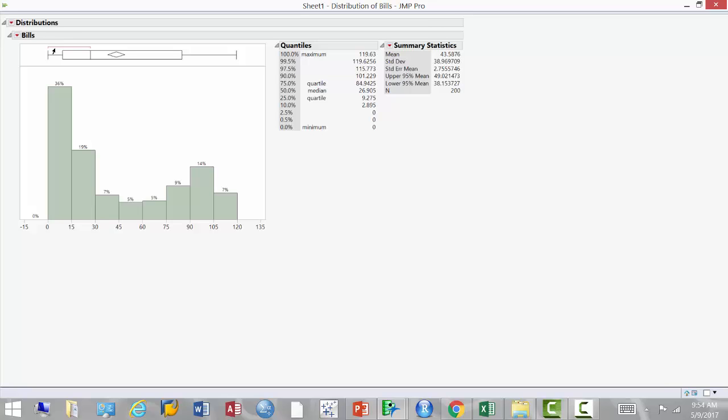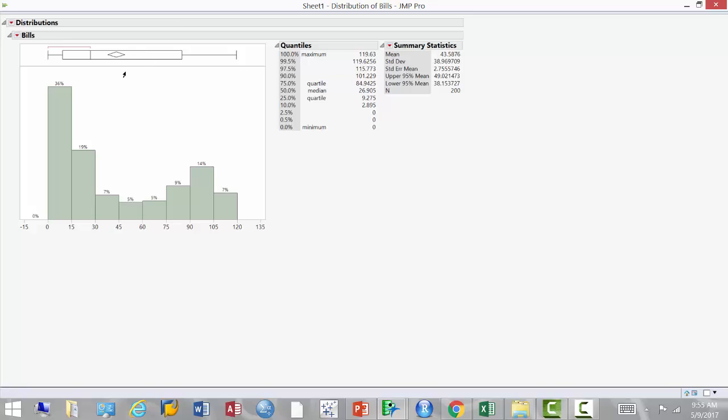So that basically tells you that the majority of observations are right here. It gives you the boundaries. And by the way, the middle of the diamond is your mean, and the ends of the diamond are the upper and lower boundaries of the confidence interval. So this is a confidence interval right there.